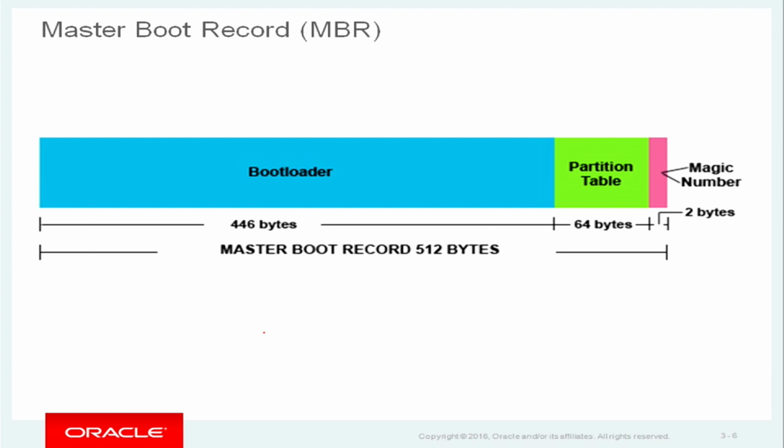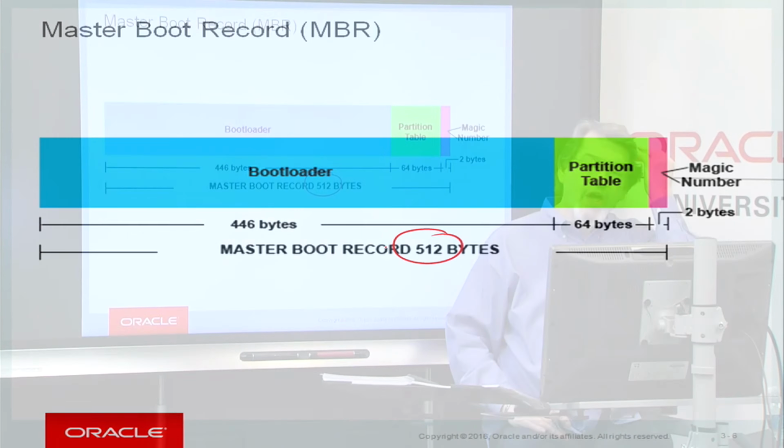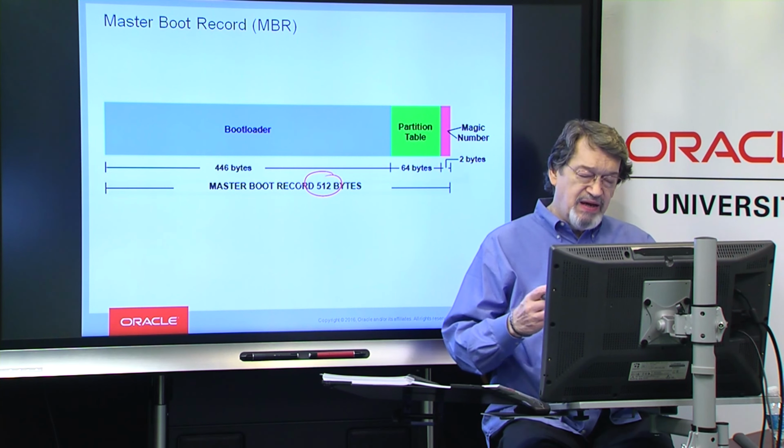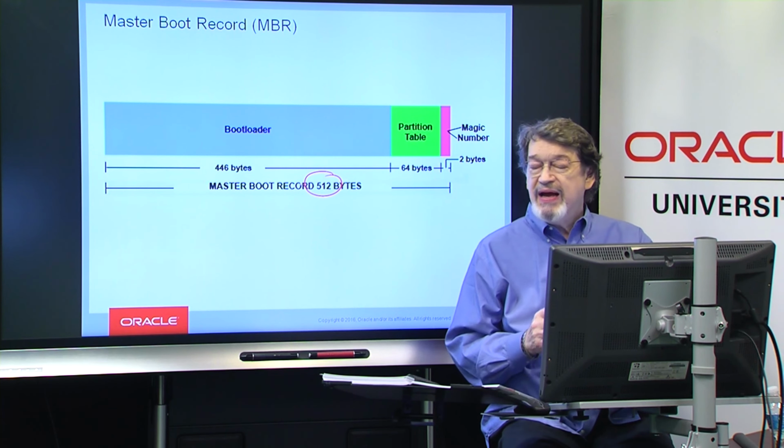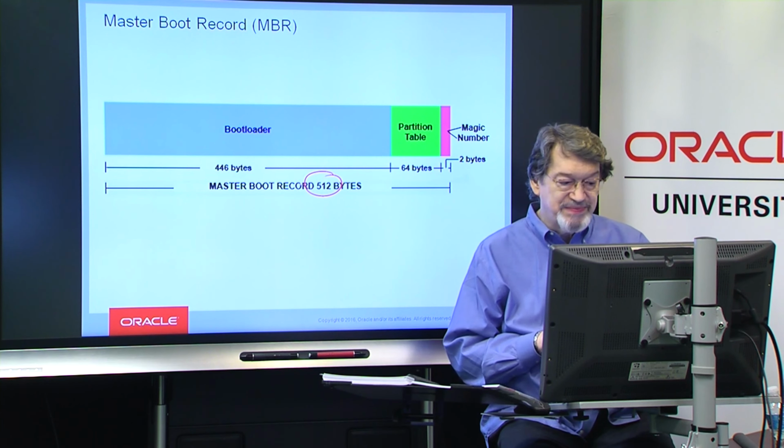Master boot record. Today, it's still 512 bytes. When we get to the larger sector sizes that are now 4K on the larger hard disks, I'm not sure what's going to happen to this.